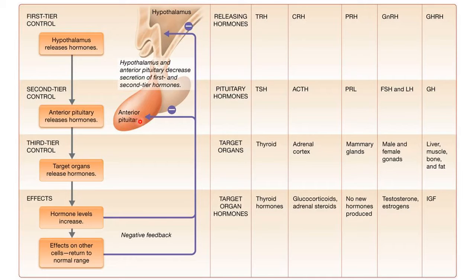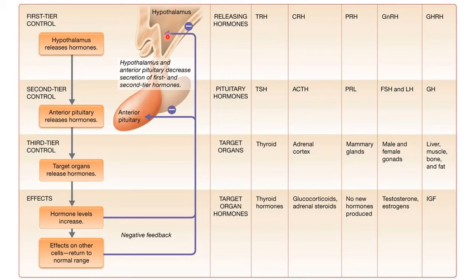Those are going to travel to the ovaries in a woman, causing the release of estrogen, or in a man, they would travel to the testes and cause the release of testosterone. Estrogen and testosterone coordinate the function of your reproductive organs, as well as other things, and they also negatively feed back, preventing the release of FSH and LH from the anterior pituitary, and preventing the release of GnRH from the hypothalamus.